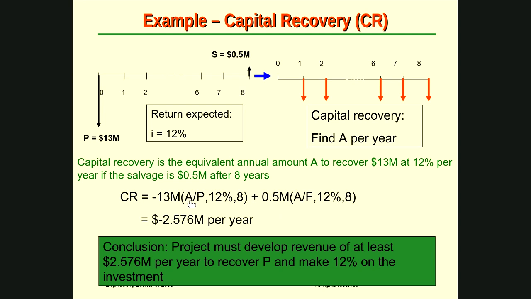You paid 13 million, and in year 8 you decided to cancel or liquidate the project, and you got half a million from it. That half, if it was not exactly part of the 13 you already paid at the beginning, it is. So that's why we exclude it.